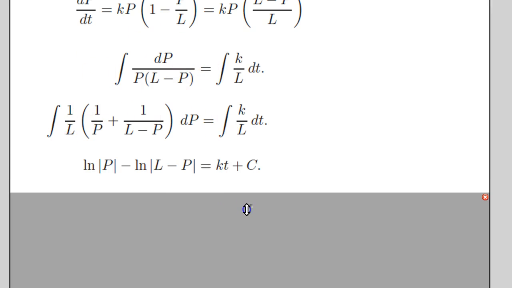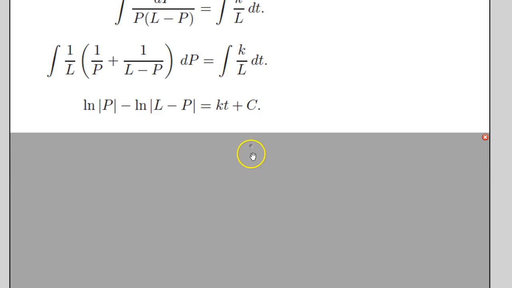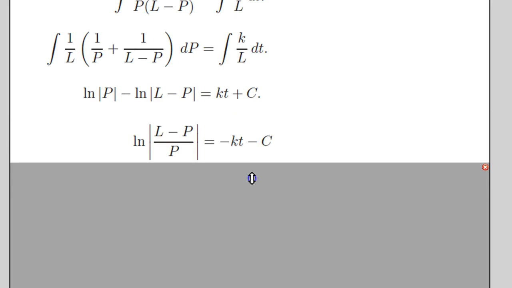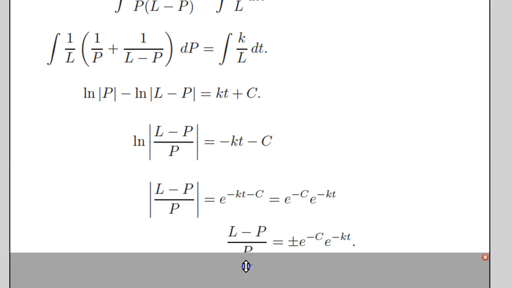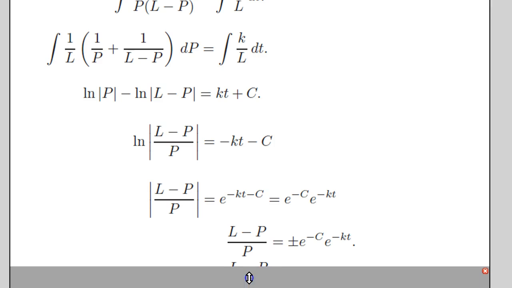When we integrate this, we get natural log of p minus natural log of L minus p is equal to kt plus c. Doing some more algebraic tricks and methods, we end up with something that looks like this.